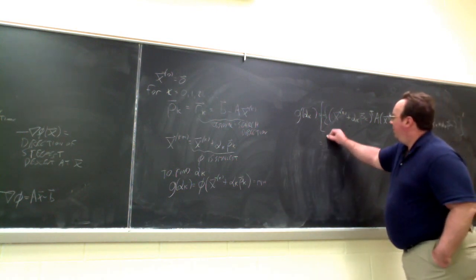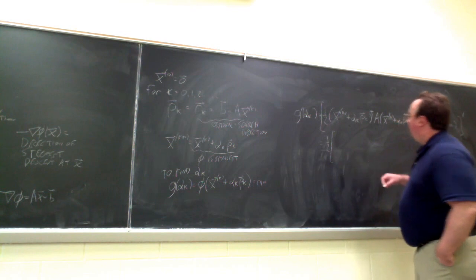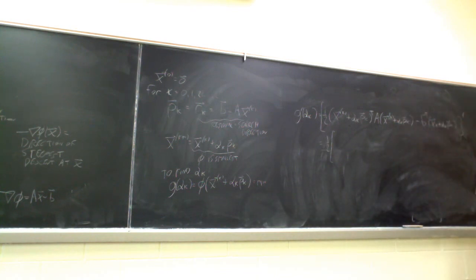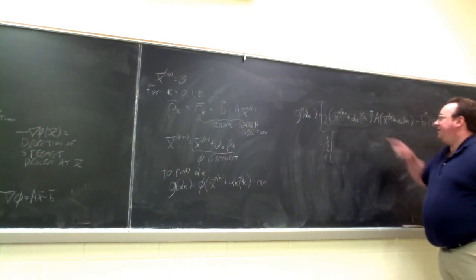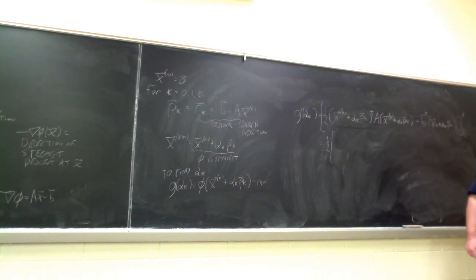So what would be the first term produced by the product rule if we just go ahead and differentiate this and leave everything else undifferentiated?